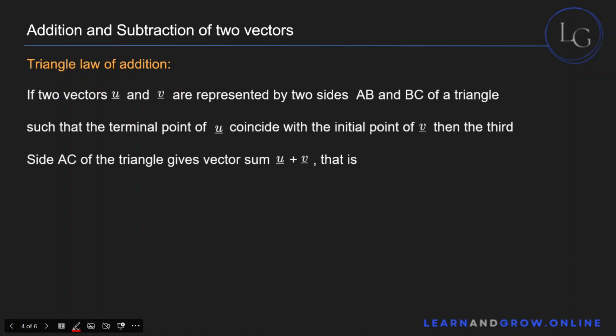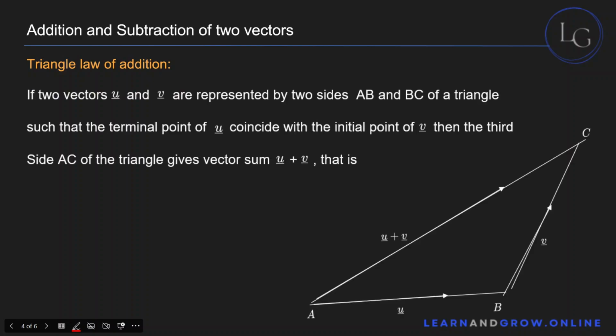So the triangle law of addition. If two vectors u and v are represented by two sides AB and BC, this basically means that the vector AB is equal to u and BC is equal to v, and they're the two sides of a triangle such that the terminal point of u coincides with the initial point of v.